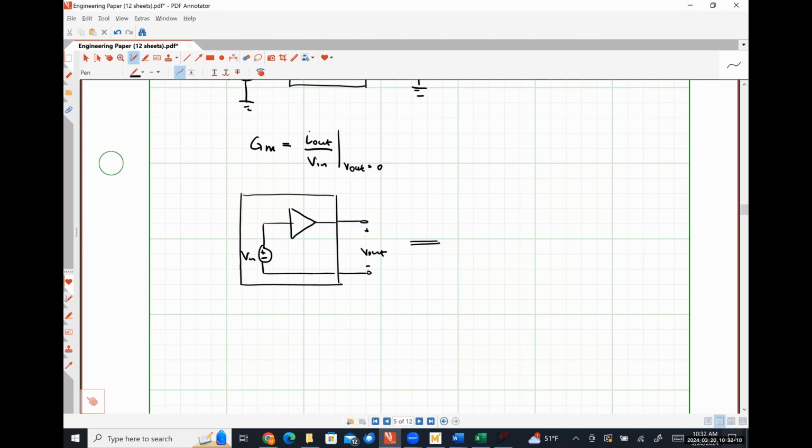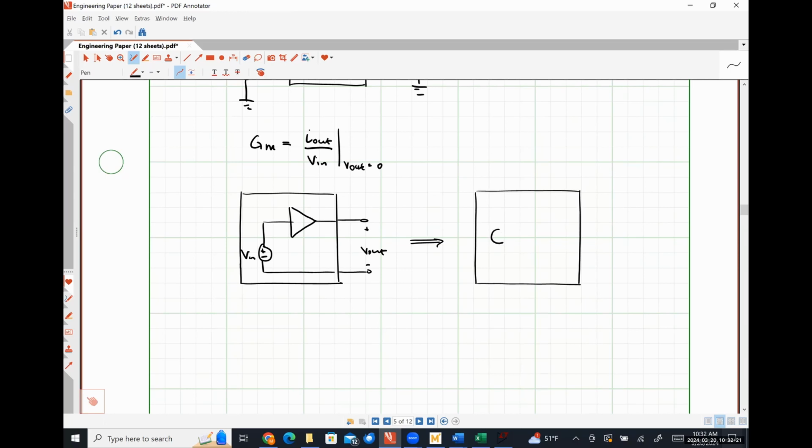So we could represent this thing as something like this. Where this output voltage V out is just negative I out times R out.